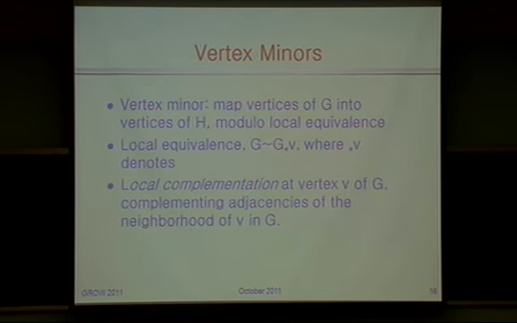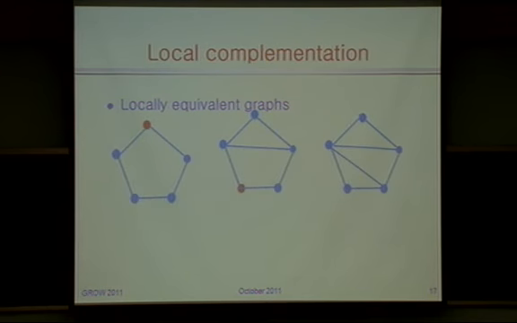As Zdeněk said, local equivalence is when we do the local complementation at a vertex. So here is this G star V. Here's an example. Again, you've seen it before, you see it again.